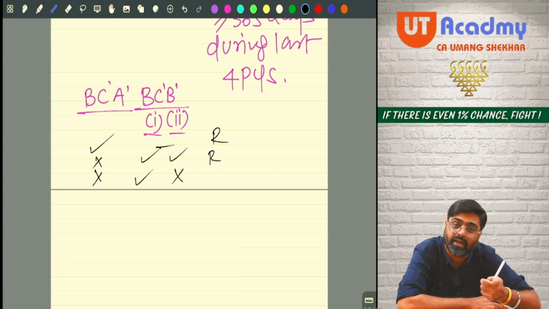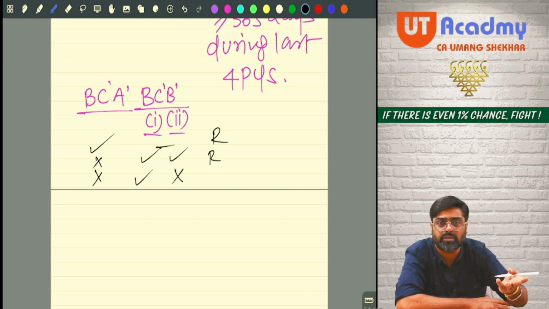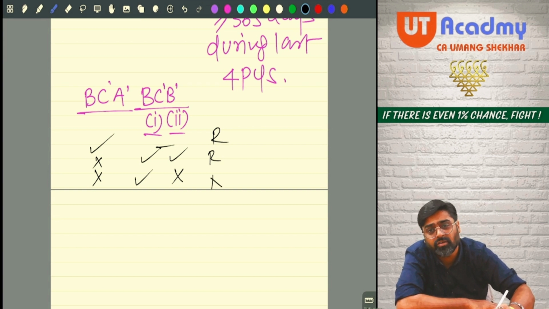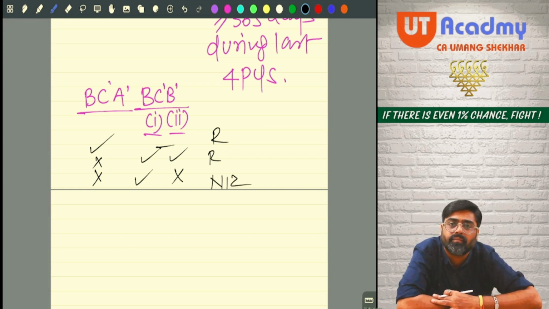Yes or no? You are satisfying the first part, that means current year your stay is 60 days or more. But what about the last 4 years? Last 4 years total stay of 365 days or more should happen, no? It is not getting satisfied, meaning B condition is not fulfilled. A is not fulfilled, B is not fulfilled. You cannot become a resident, you will become a non-resident.